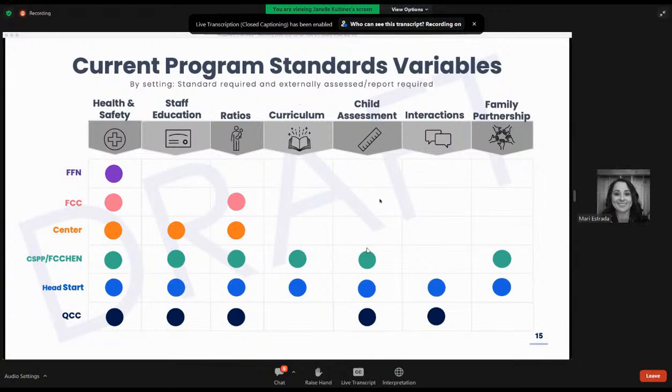So I think it can be a little bit dangerous to our work to start throwing out measures like supporting dual language learners, because as I've pointed out in the chat, that would need to be measured.